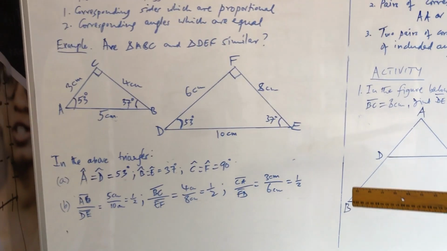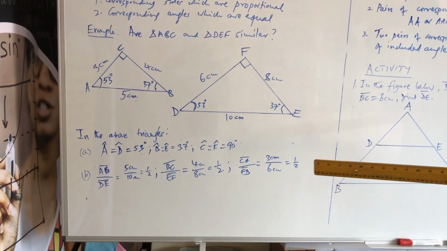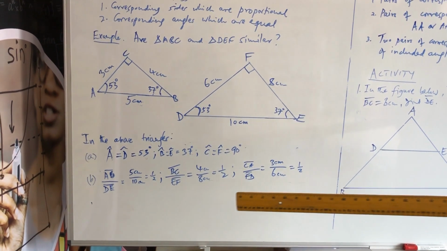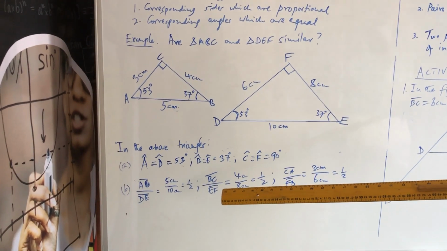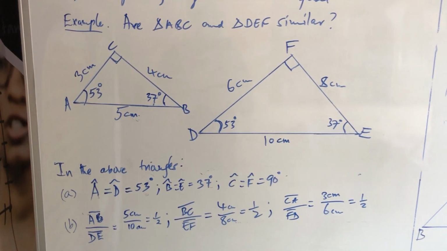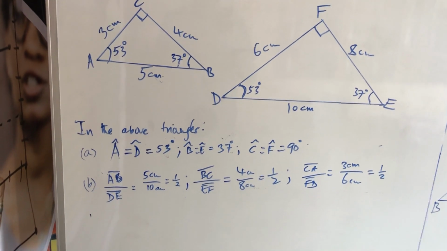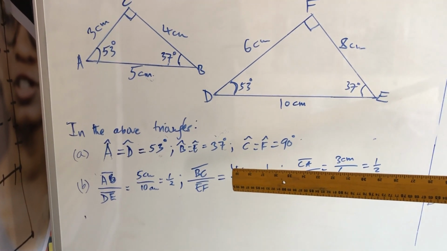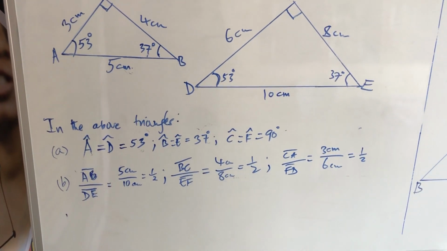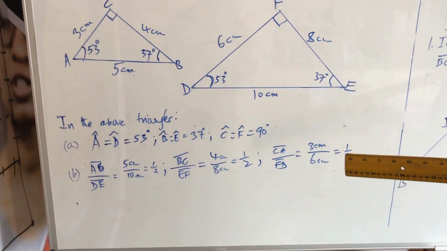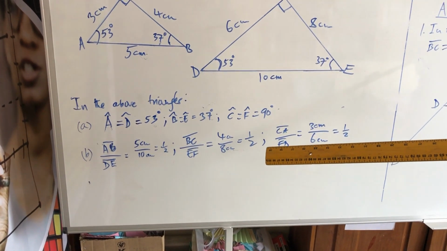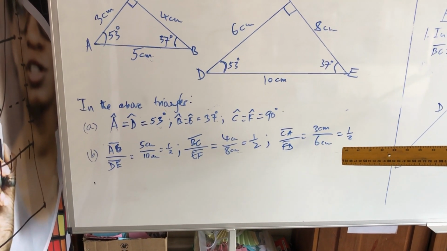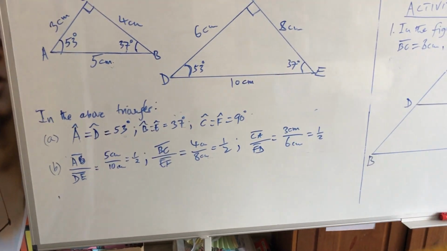Similarly, if we look at the ratio of sides AB and DE, AB over DE is equal to 5/10, both in centimeters, which gives a ratio of a half. The ratio of BC and EF is equivalent to 4 centimeters divided by 8 centimeters, which is equal to a half.